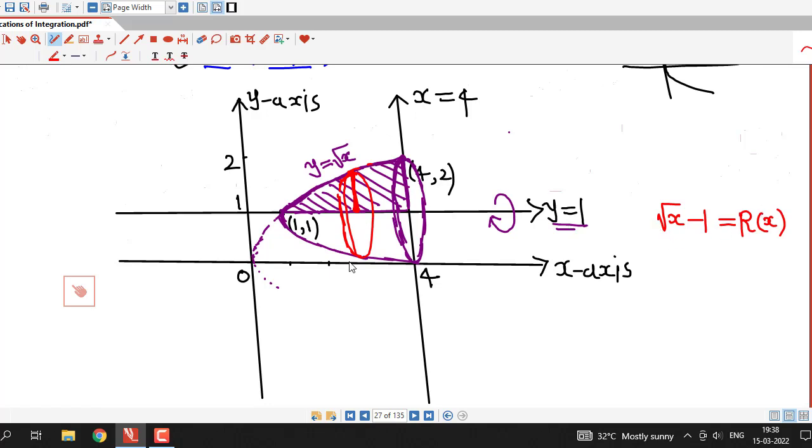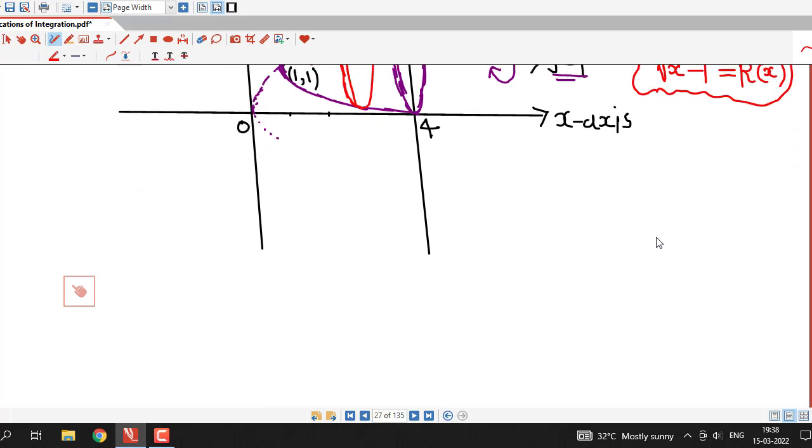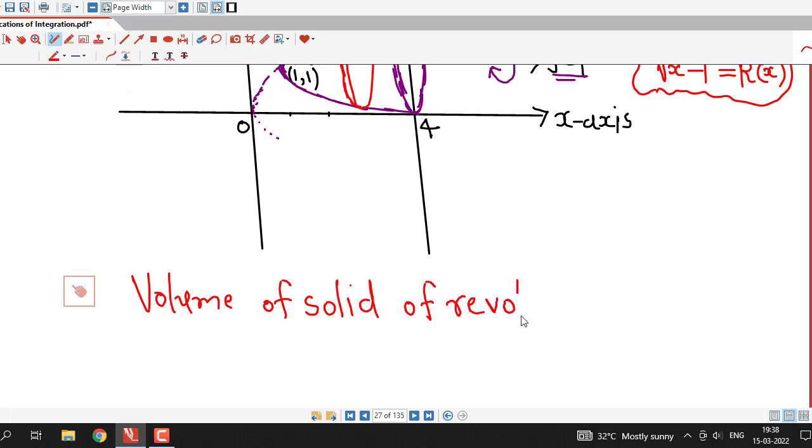And thickness is delta x or dx. So once we decide the value of the radius of the disc, we have a ready-made formula for the volume of the solid. Using that formula, we can find the volume of the solid of revolution generated by revolving the plane region about the line y equal to 1.